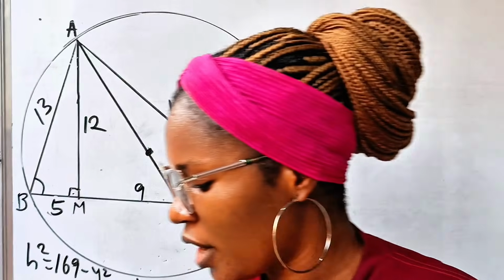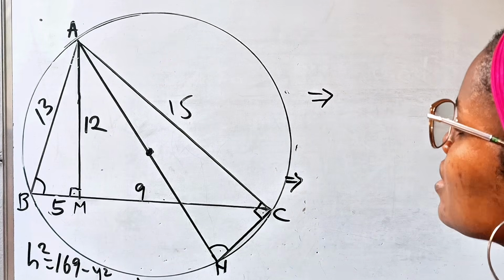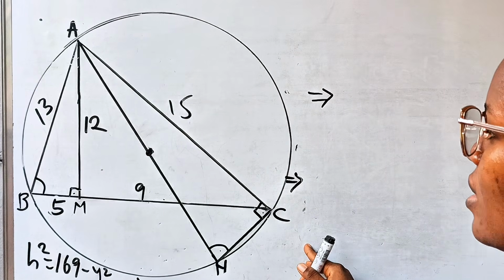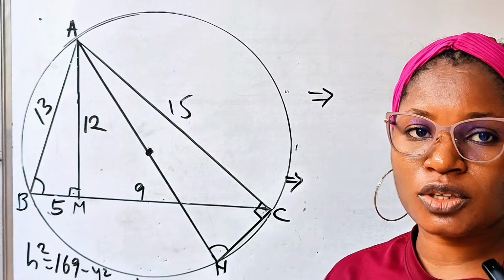Now, where am I driving at? This simply means that these two triangles are similar triangles.